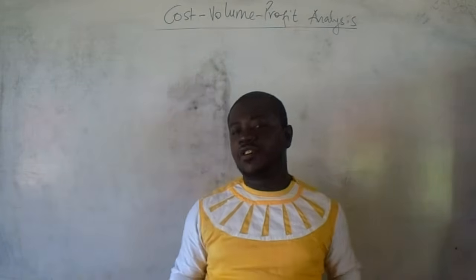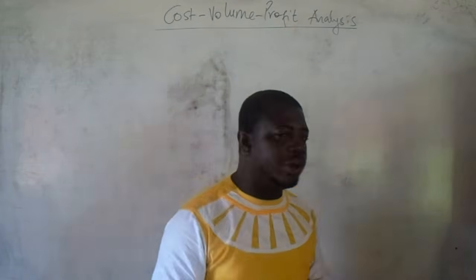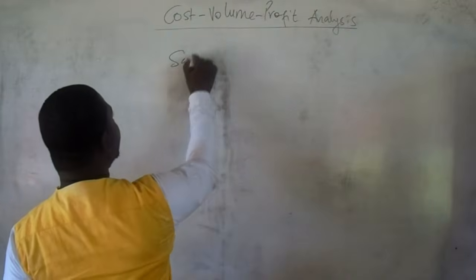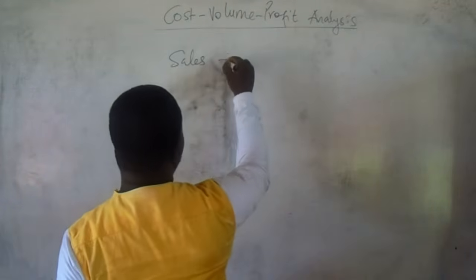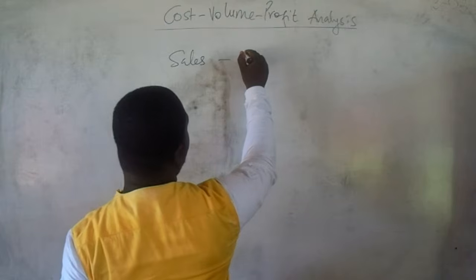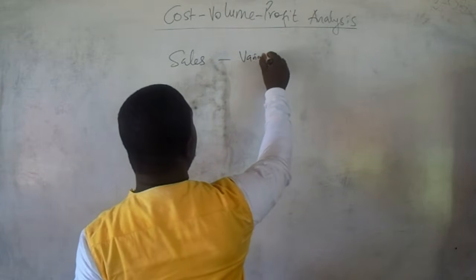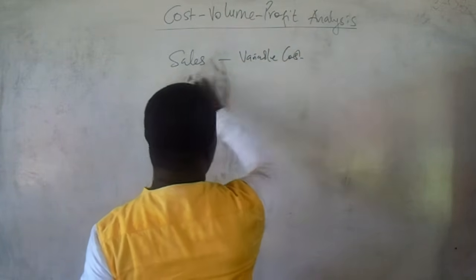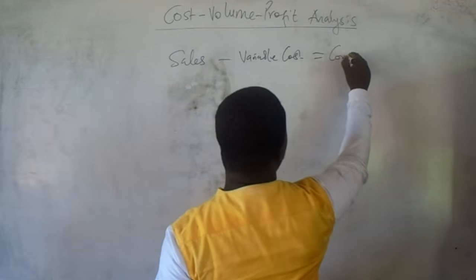We have also established that there is a concept called contribution, and contribution is your sales revenue minus your variable cost, which is your total revenue minus variable cost. That gives you contribution.